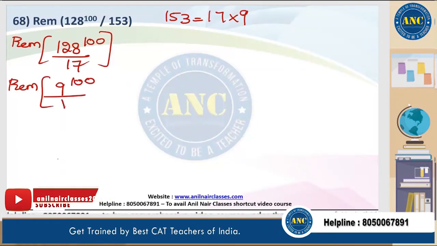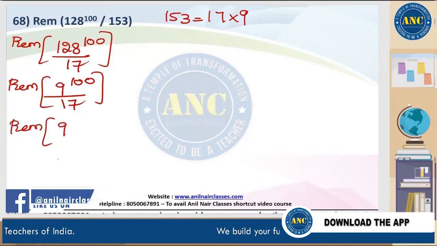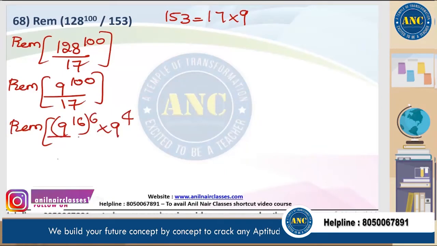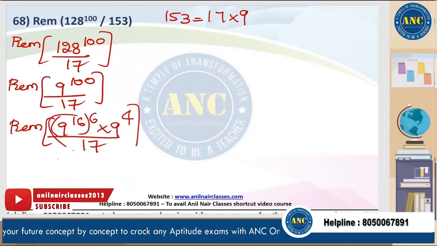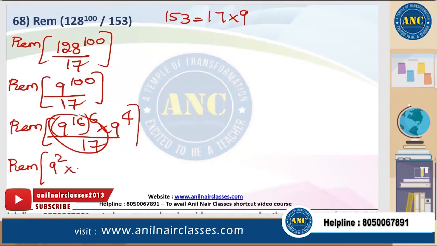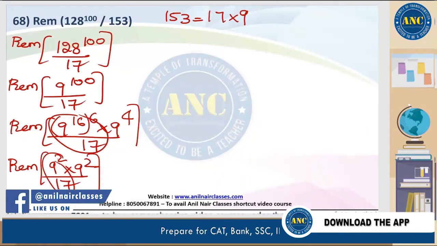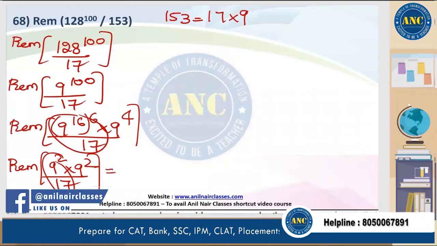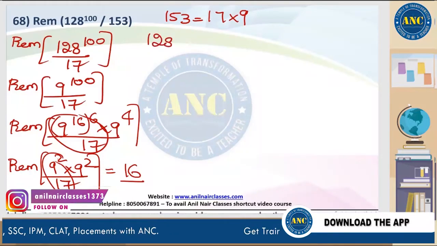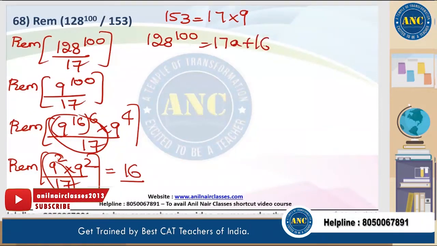So 9 power 100 divided by 17, which is 9 power 96 into 9 power 4 by 17. 9 power 4 is 9 square into 9 square divided by 17. 81, 17 fives are 85, minus 4, so the remainder is 16.